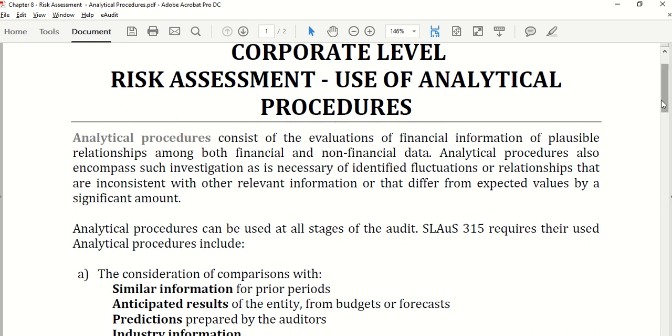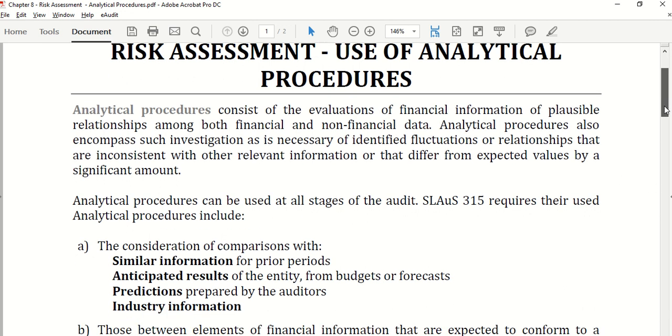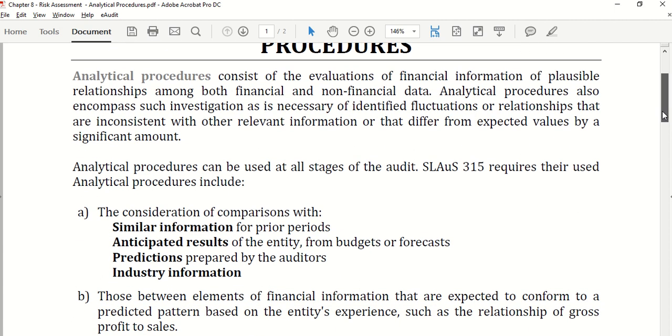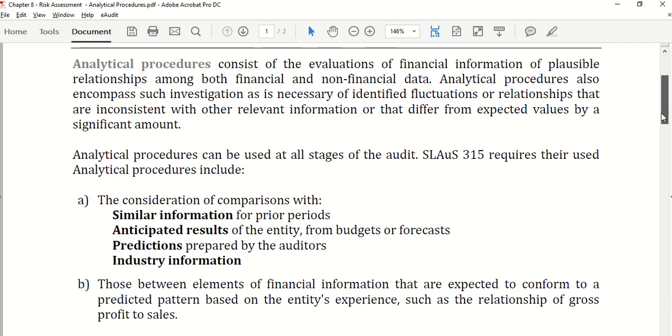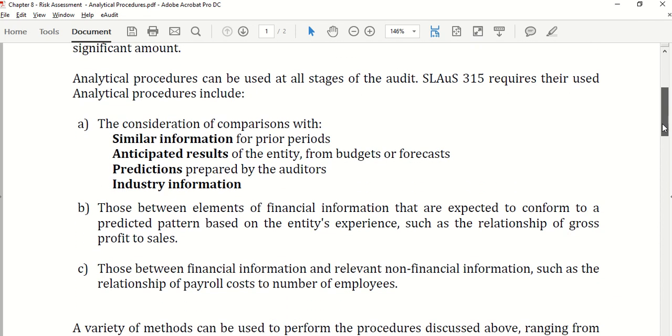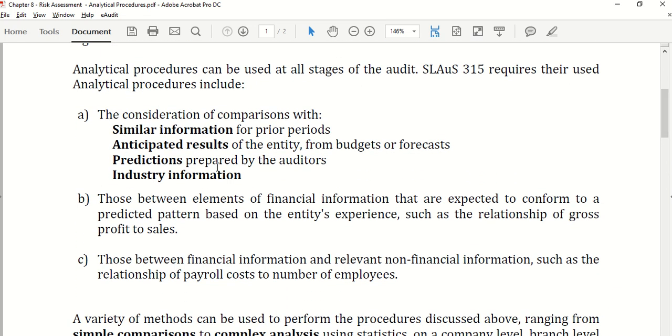As we discussed in the previous section, these analytical procedures can also be used in the risk assessment process, which we also discussed under SLAS 315.